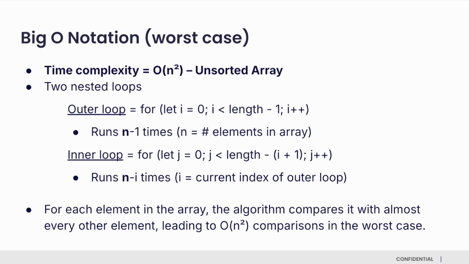That's based on our outer loop that is going to run n minus 1 times, with n being the number of elements in the array, and the inner loop, which will run n minus i times, with i being the current index of the outer loop. So this leads to a total of n times n minus 1 comparisons, which results in our O of n squared complexity.